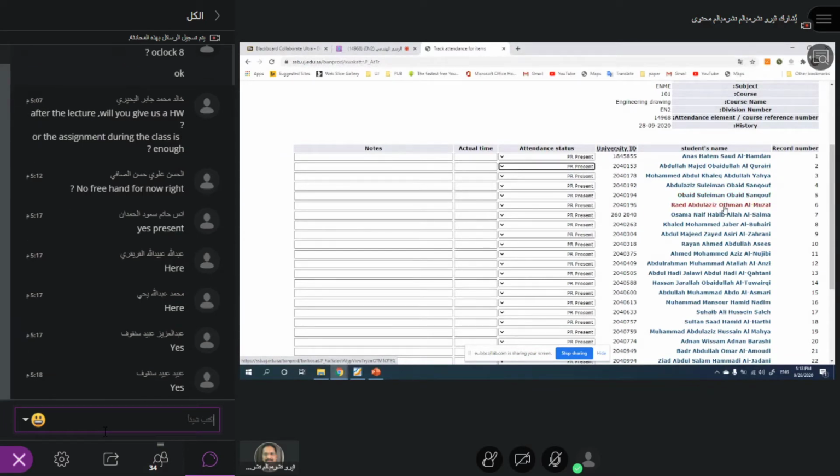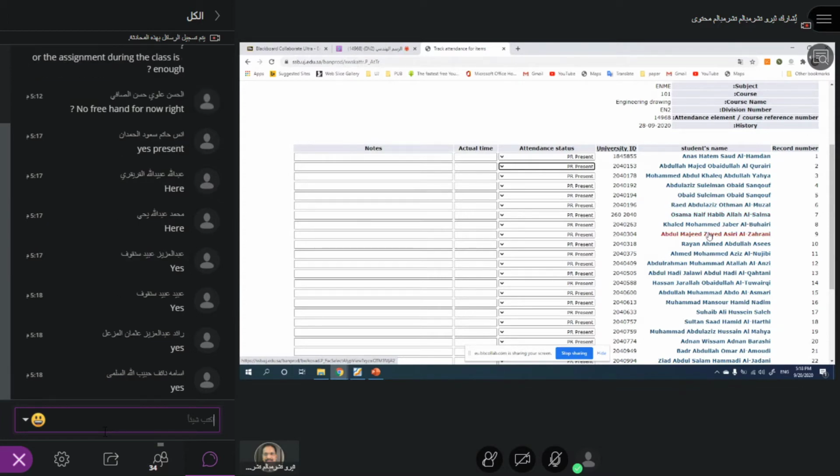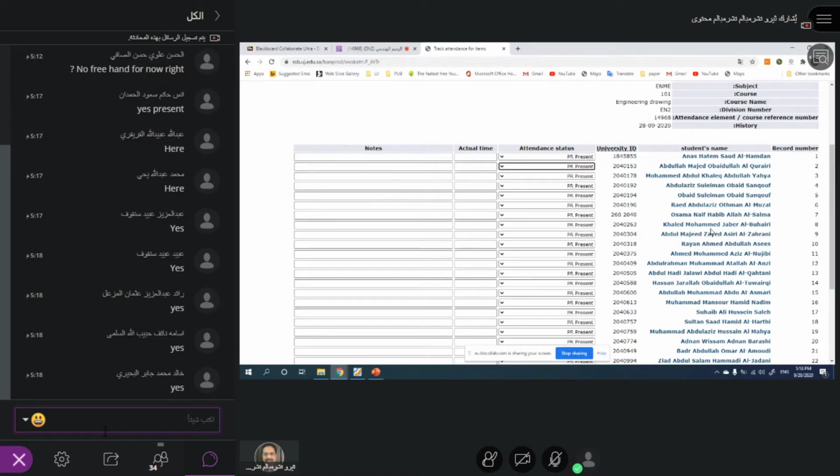Rayed Abdulaziz Othman Al Muzal. Osama Naif Habib Ala Al Salma. Khalid Muhammad Jabir Al Buhairi. Abdul Majid Zayed Asiri Al Zarani. Ahmad Muhammad Aziz Al Najibi.